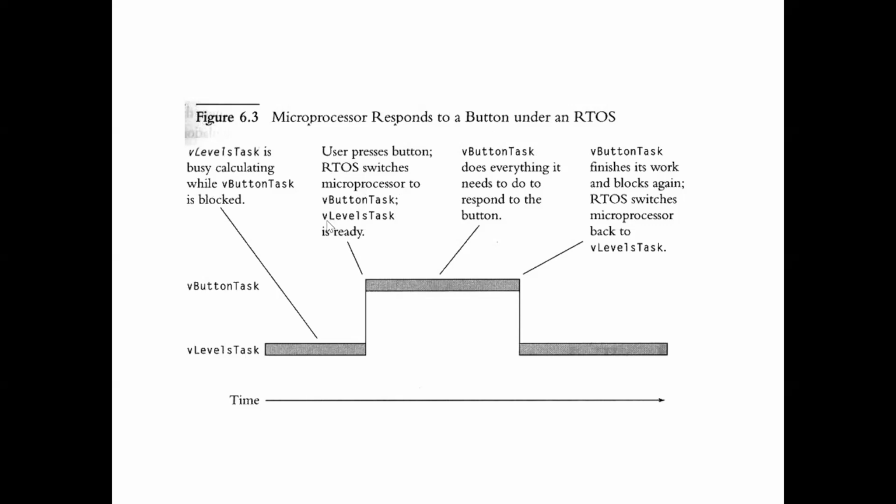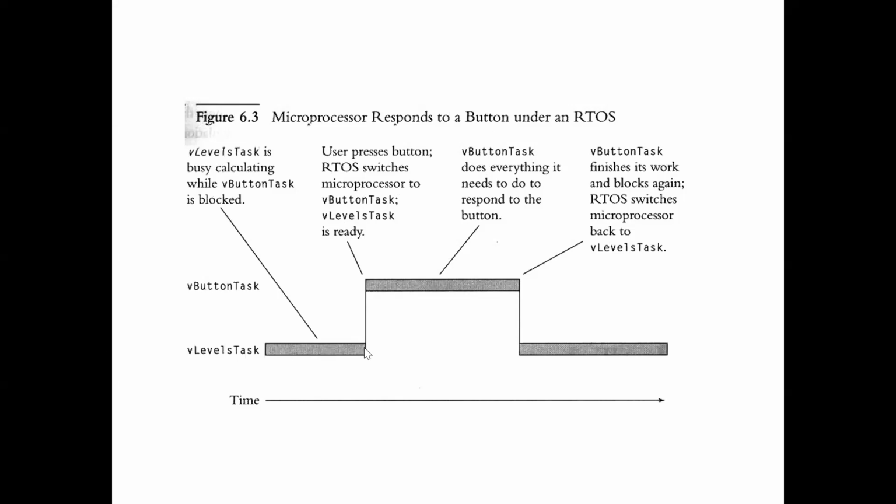Now at that time the state of your previous task, which is the level task, is again ready to run. Is it blocked? No. Are you getting it or not? The first task is running. It is not completely executed.